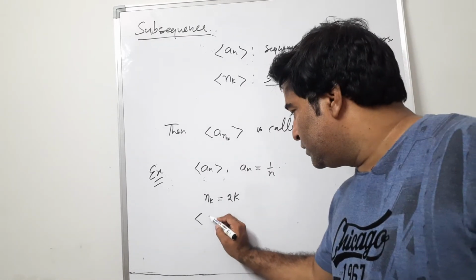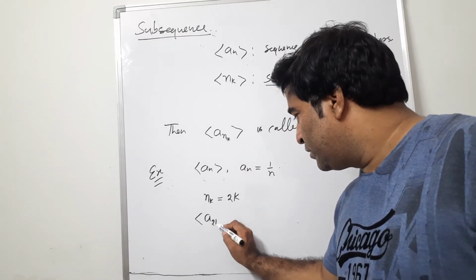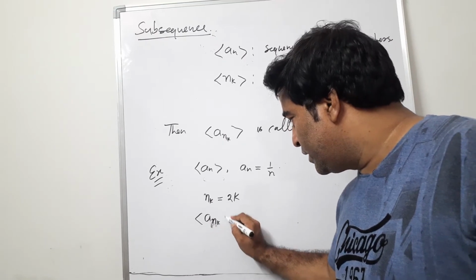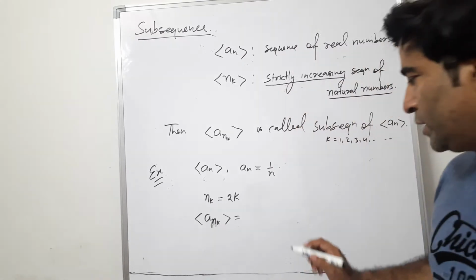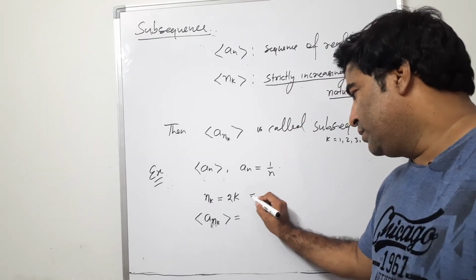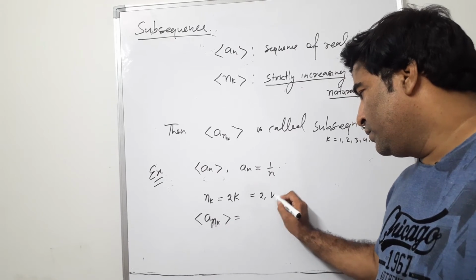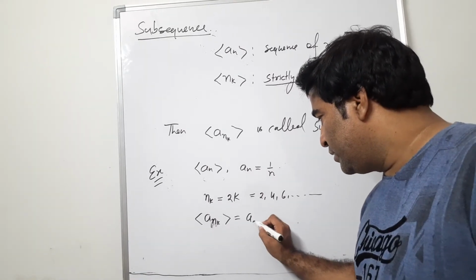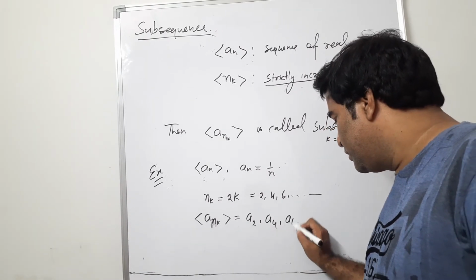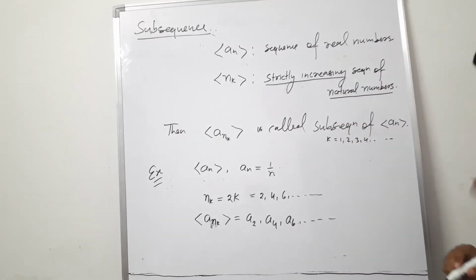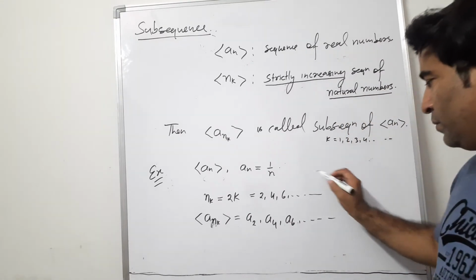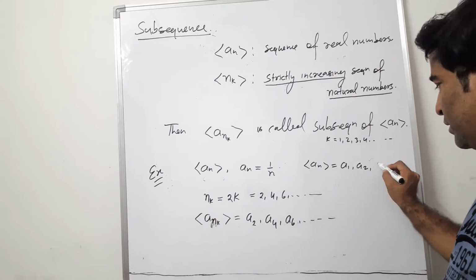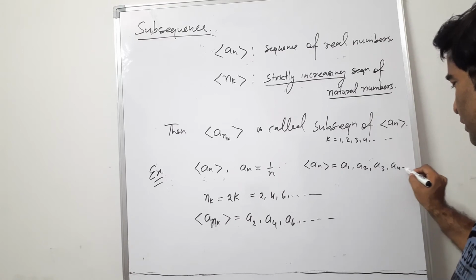So the subsequence ank of the given sequence is actually, here nk will be 2, 4, 6. Therefore we have a2, a4, a6 and so on. Actually we have the terms of the given sequence a1, a2, a3, a4.